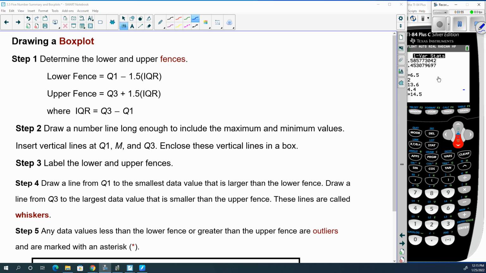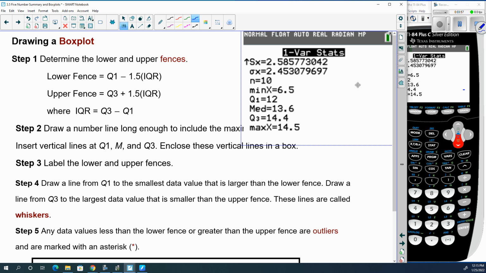So once you have your 5-number summary, your quartiles, then to determine your lower fence, all you do is take your quartile 1, which in this case was 12, and you subtract off 1.5 times the interquartile range. On this one, I don't have the interquartile range listed on the calculator.